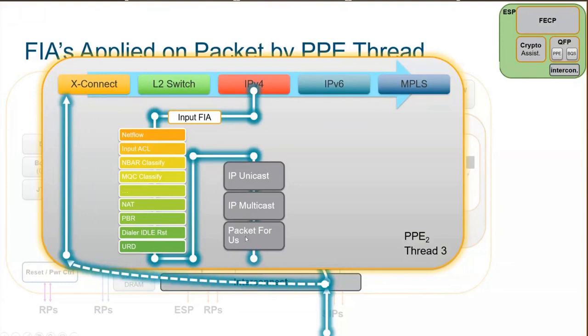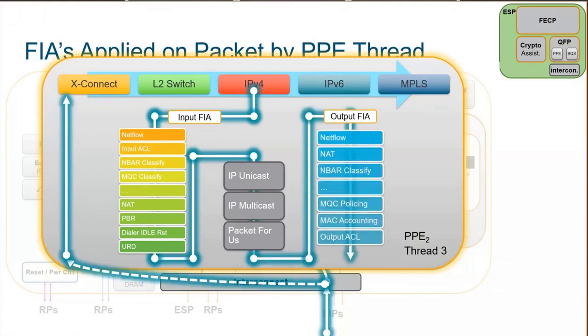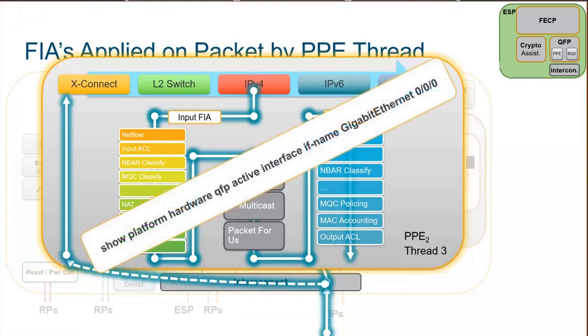If it is a packet for us, it has to be sent to the RP, which is punted. Once this is confirmed, it checks the output feature invocation array and applies the output features that have to be applied. And once it is done, it will send out the packet. It will store the packet in the resource DRAM.